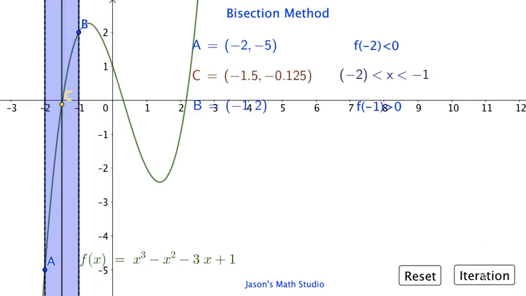Continue this process, and you can narrow the interval. I'm going to continue this process several times, and you can see how the interval is being narrowed.